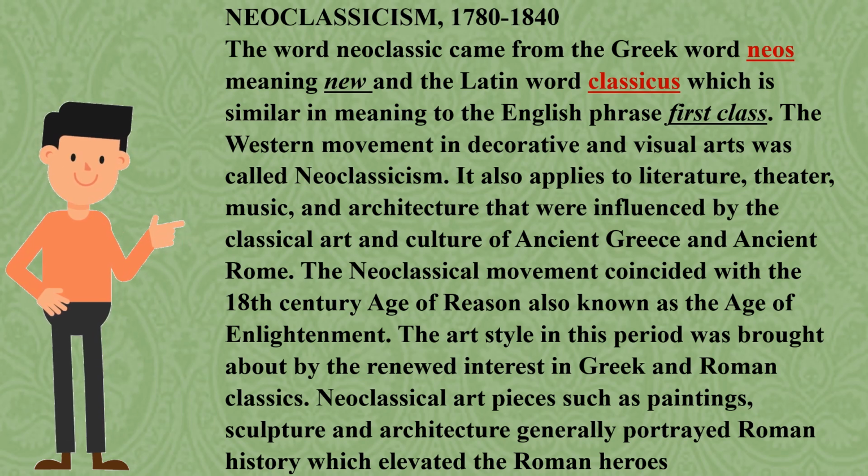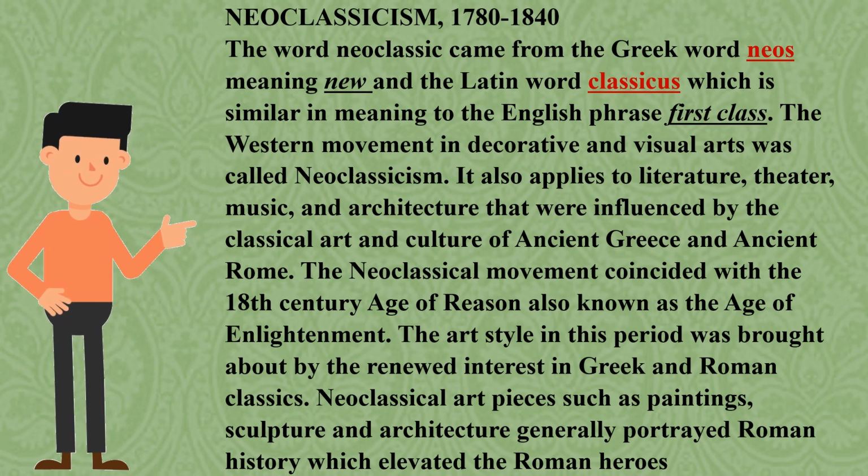So the Western movement in the decorative and visual arts was called Neoclassicism. It also applies to literature, theater, music, and architecture that were influenced by the classical art and culture of ancient Greece and ancient Rome.